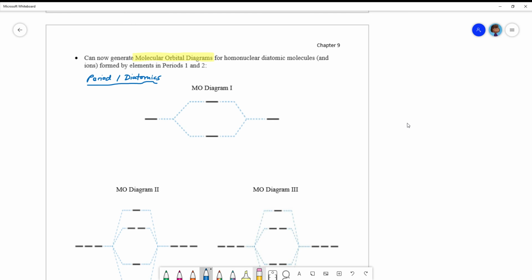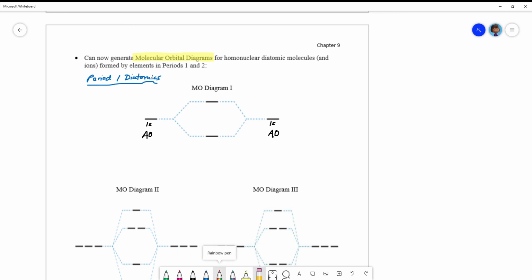So if we only have s atomic orbitals, let's start with our atomic orbitals over here and over here. The two combining atoms would be combining together their 1s orbitals. Those are the original atomic orbitals on the two atoms that are bonding together. Now, these are s orbitals, so they're going to combine head to head.